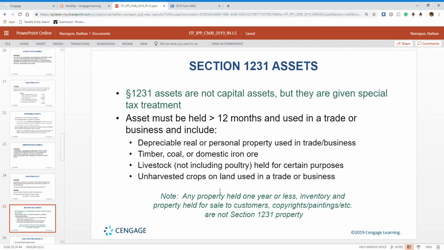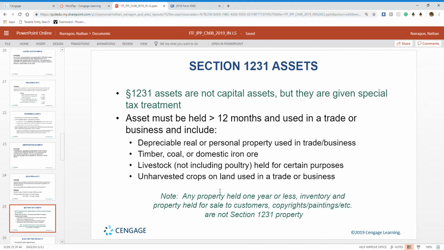These assets must be held for longer than 12 months, so longer than a year, and used in a trade or business. They include depreciable real and personal property used in a trade or business. So strike what I said a little bit earlier. I was trying to think of a better way, but mostly we use a lot of this in material. But this is long term.